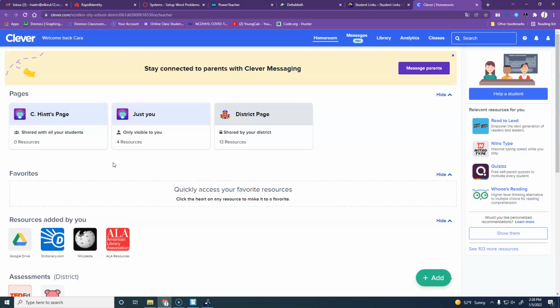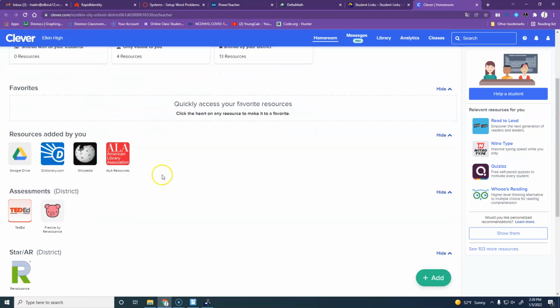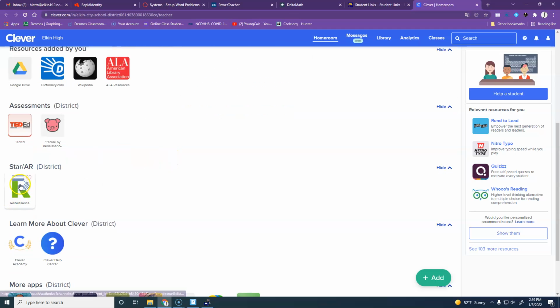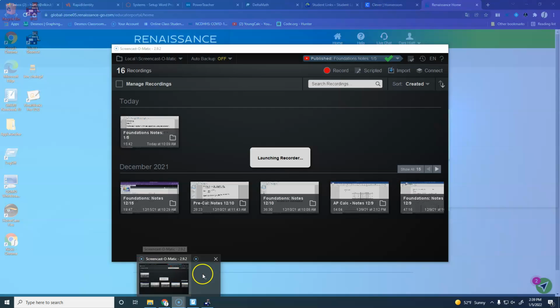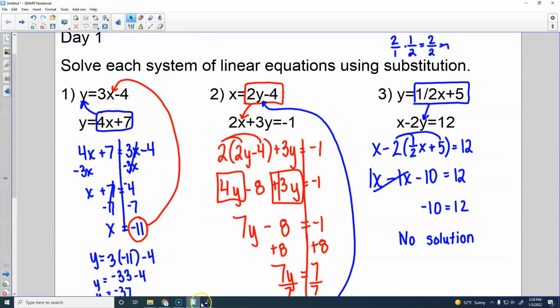Then you're going to do Star AR Renaissance, this one. And then from there, you'll log in with Google, then you're going to do Star Math. Mine looks different from yours from there. Don't do the pig. The pig is Freckle Math, which they have also paid for. We're probably not going to use that a lot unless they make us.